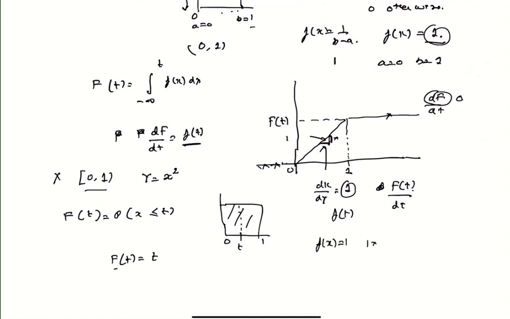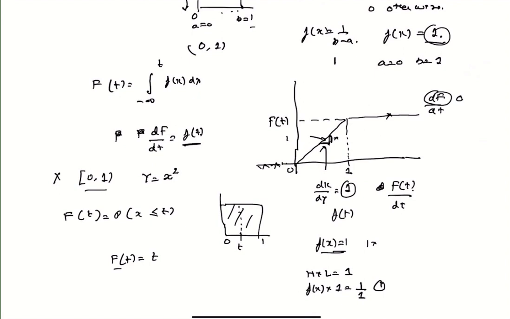And why is F of t going to be t? Because for a uniform distribution on 0 and 1, f of x is going to be 1. Again, why is f of x 1? Because height times length is equal to 1, where the height is f of x and the length is 1, so this is 1 by 1, which is 1.